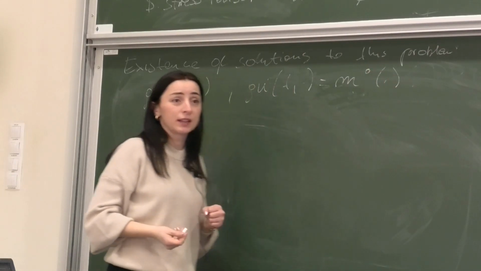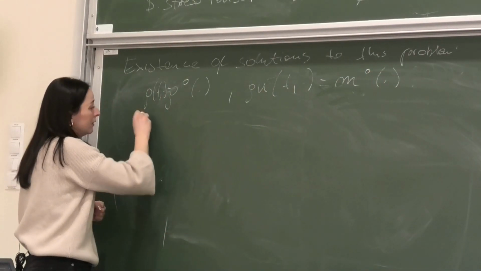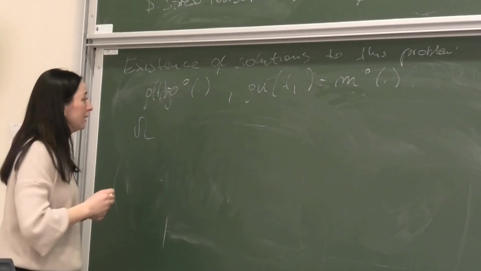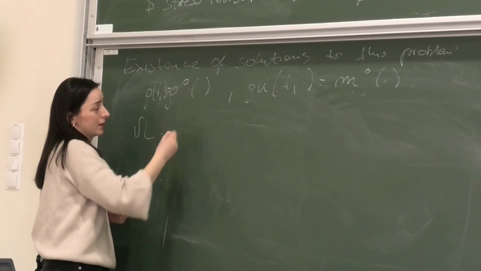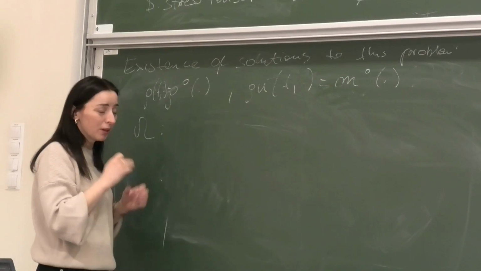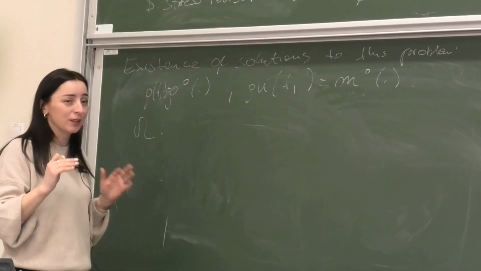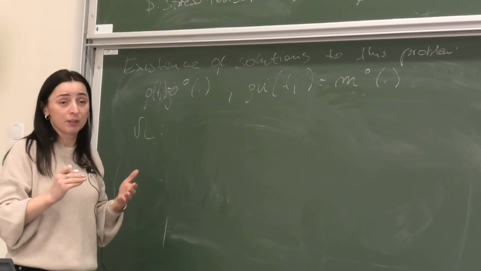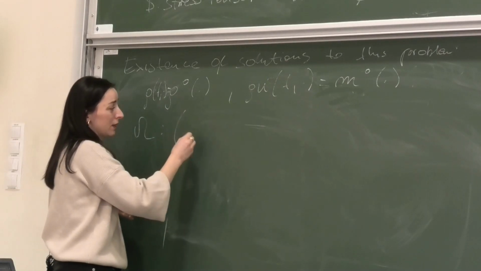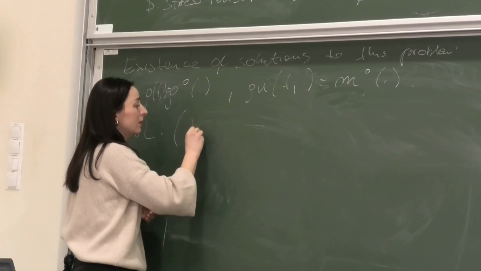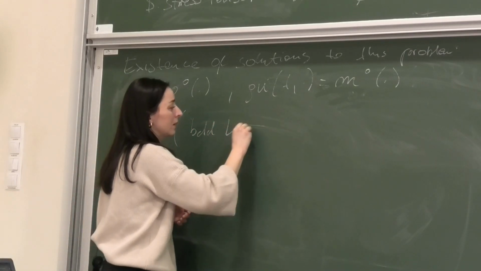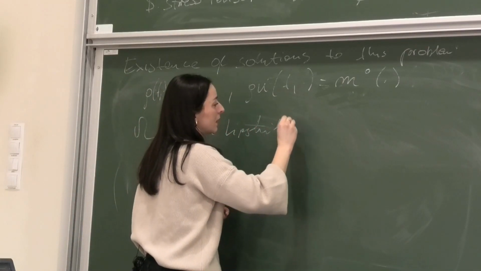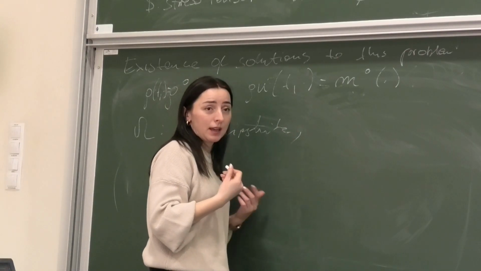So this is my initial data, and now omega, this can be really a lot of objects. Although in my head I'm always going to justify all integrations as if it was a torus, you can think about it as a bounded domain, a bounded Lipschitz domain. You can think about an exterior domain.